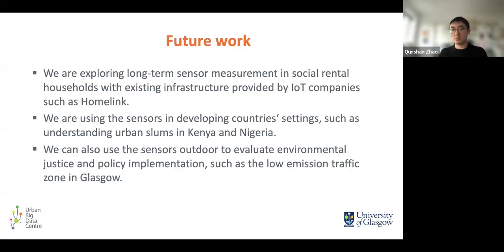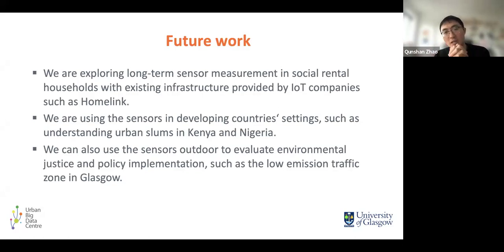They install sensors in social rental properties, houses owned by the councils and the government, and keep harvesting readings every hour or half an hour. We are talking with them to see if we can get some of that data to understand the use of sensors in a long-term situation.